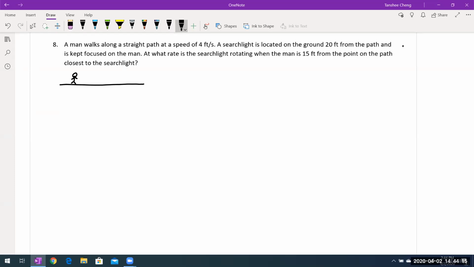So here is the searchlight, and this is 20 feet from the straight path. It's already telling you that this distance, from the walking path to the searchlight, the closest distance, is 20.